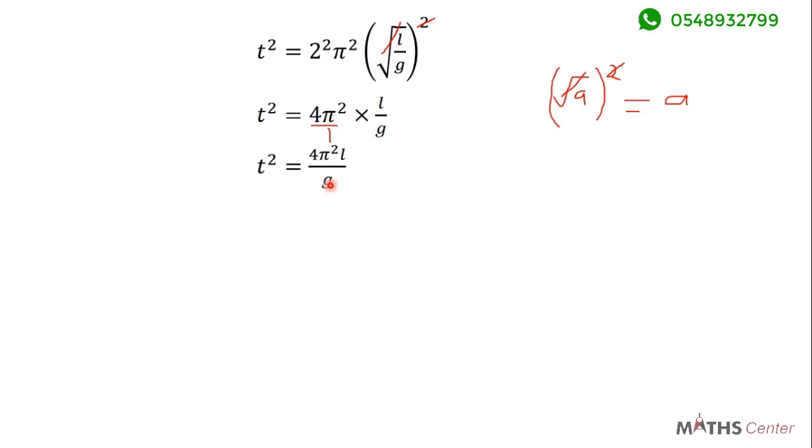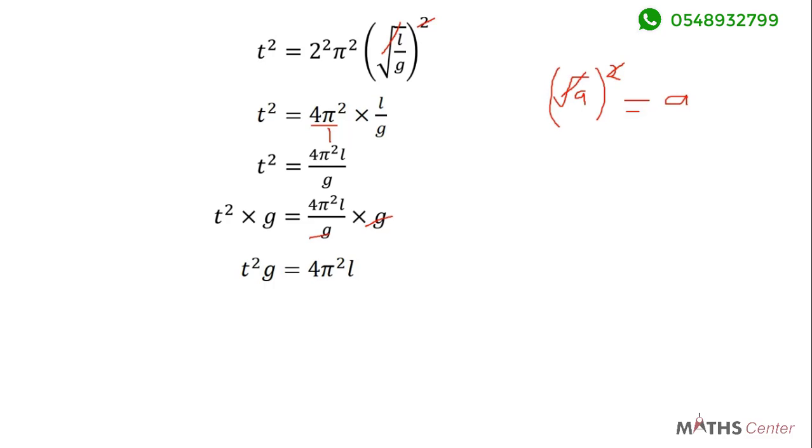The LCM is now G, so we multiply the term which is T squared by the LCM which is G. Then we multiply this term here, 4 pi squared L over G by the LCM which is G, in order to clear the fractions. So T squared times G is equal to 4 pi squared L over G times G. Now when you do that, you can see that we will have G cancelling G, so the fraction is also gone.